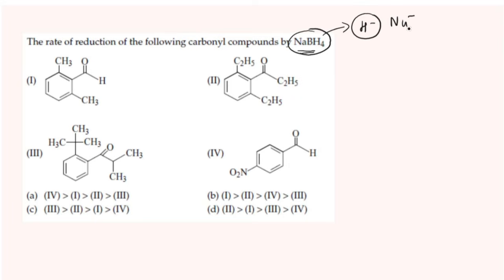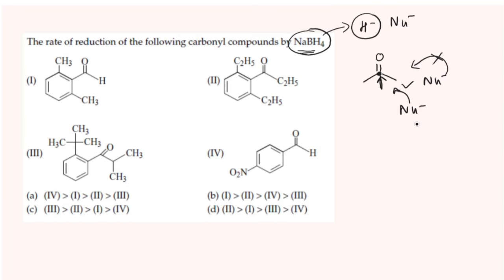It is a nucleophile. So how easily this nucleophile will attack the carbonyl compound depends on how electron deficient is this carbonyl carbon. If it is electron rich, the attack of the nucleophile will be difficult. If it is electron deficient, the attack of nucleophile, that is hydride, will be much simpler.